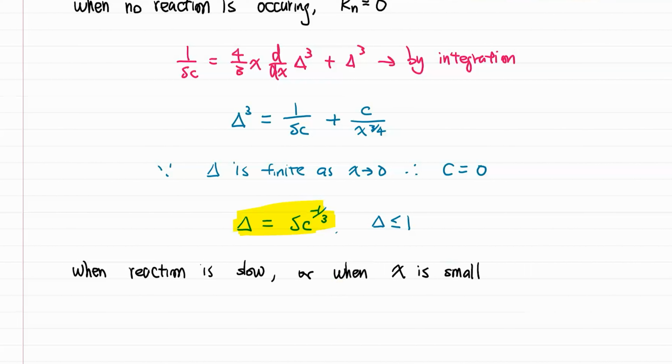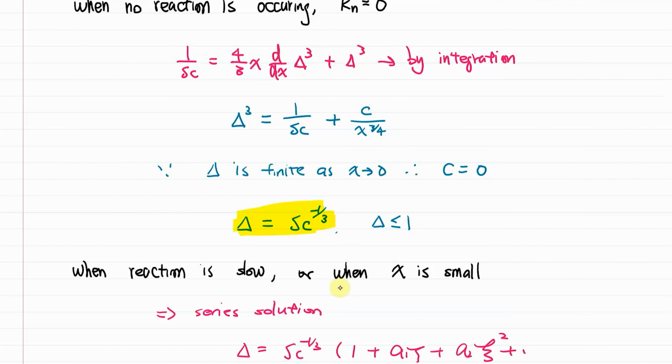So the end result is a series solution where delta equals the negative 1/3 power of the Schmidt number times 1 plus coefficient A1 times C plus A2 times C squared, and so on.